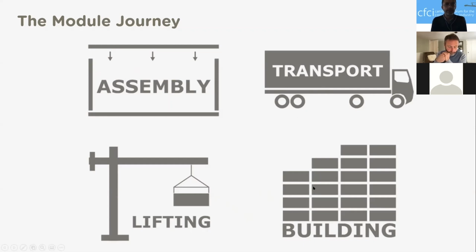So the actual stresses that happen to a module are quite different from the stresses it may end up having in a building itself. In the final state, it may be in the most relaxed environment it's actually experienced to get to that point.